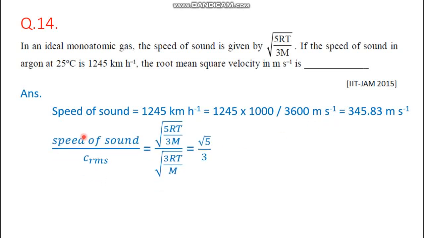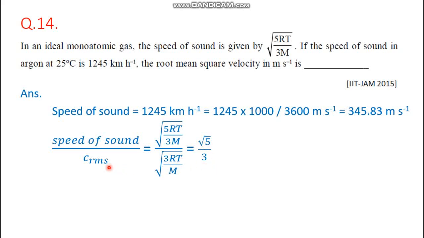Now the ratio of speed of sound to CRMS is the ratio of their expressions. The speed of sound is root over 5RT by 3m, as given in the question, and we know CRMS is root over 3RT by capital M, and the result is root over 5 by 3.